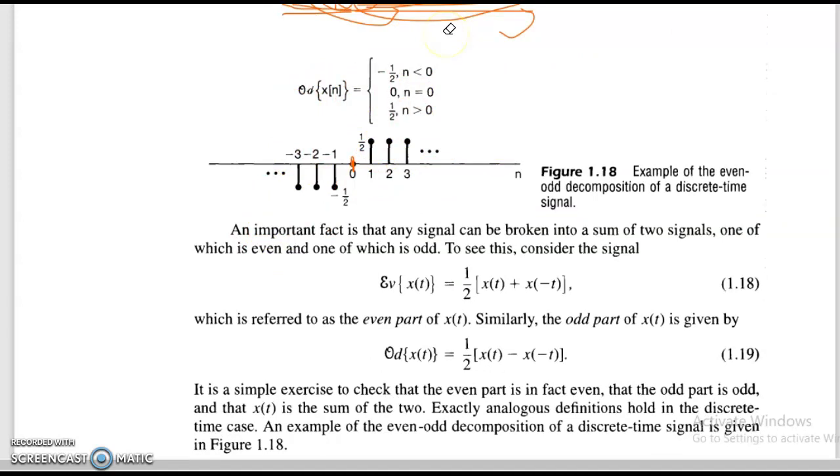For the odd signal, x of n equals minus 1 by 2 when n is less than 0.